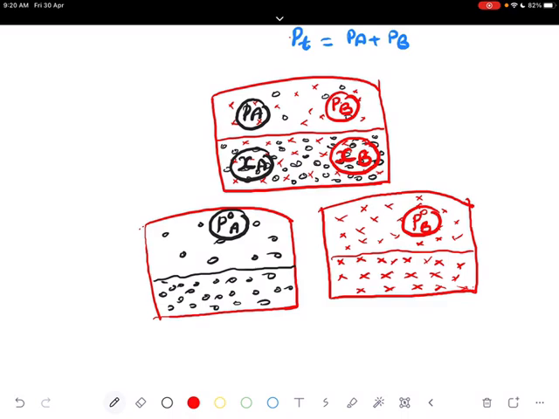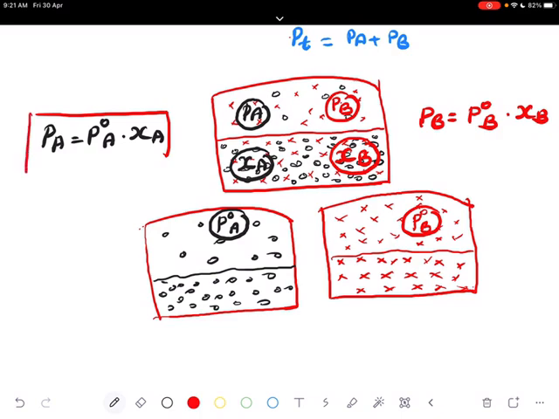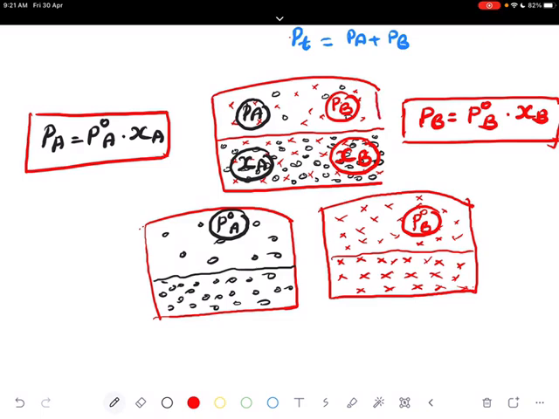Now, what is Raoult's law? Raoult's law is that PA is equal to P naught A into XA, and PB is equal to P naught B into XB. This is Raoult's law.